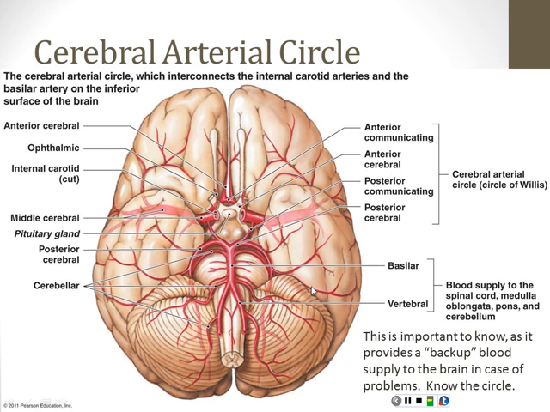In other words, it makes our brain and its blood supply much safer, because instead of having just one artery doing the job, we have all of these connected arteries, so if one fails, another one can take over. So it evolved because, obviously we need brains to survive, right? So it needs to have a sort of backup blood supply. So that's the easiest way to think of it, as a backup.